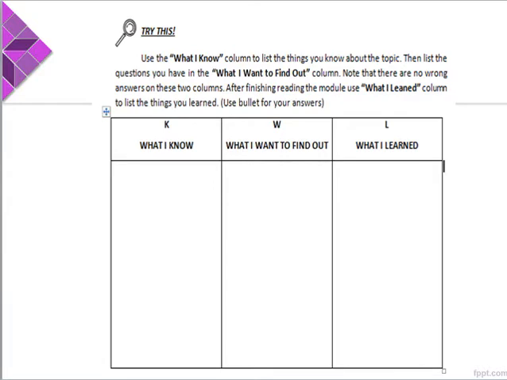Before you answer your module, of course, you can use the "What I Know" column to list the things that you know about the topic, atmospheric humidity, and then list the questions you have in the "What I Want to Find Out" column. Again, note that there are no wrong answers in these two columns.